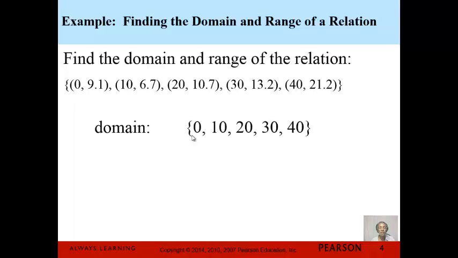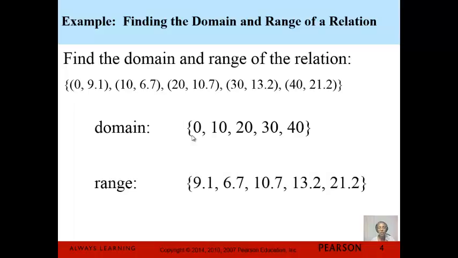So the domain is the set of numbers 0, 10, 20, 30, 40. And those could be in any order. In a set, order doesn't matter. In an ordered pair, order matters. The range is the set that contains the numbers 9.1, 6.7, 10.7, 13.2, 21.2.